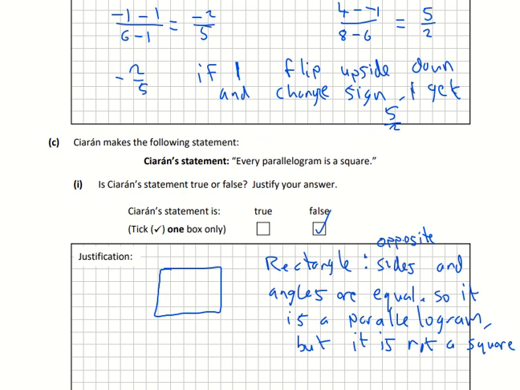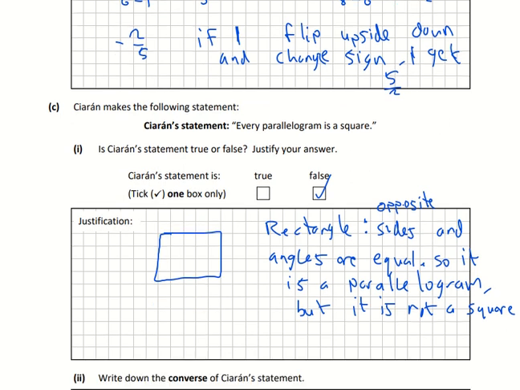So you have to understand what a parallelogram is to do that. But when you do, it should be easy enough to explain, as long as you explain.